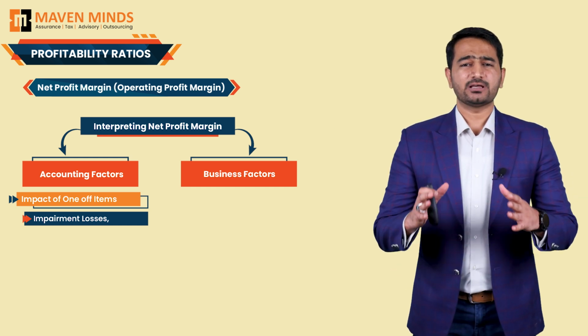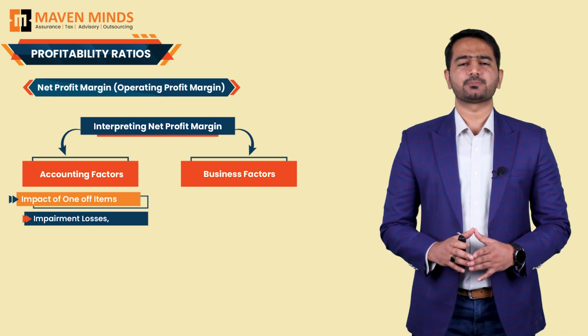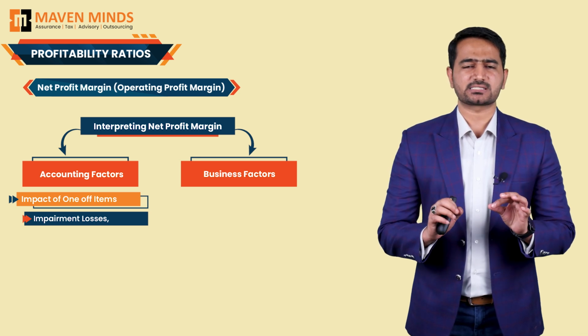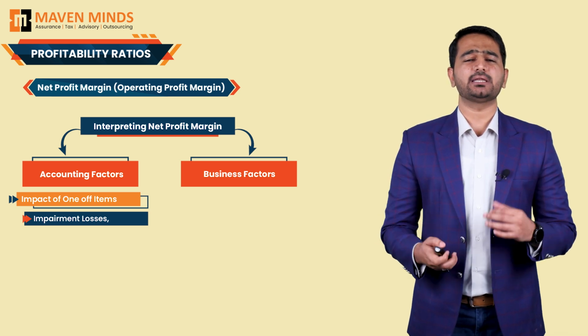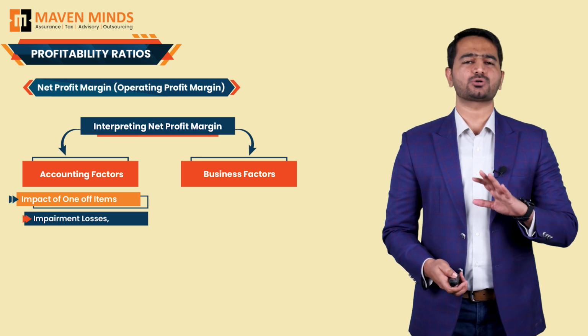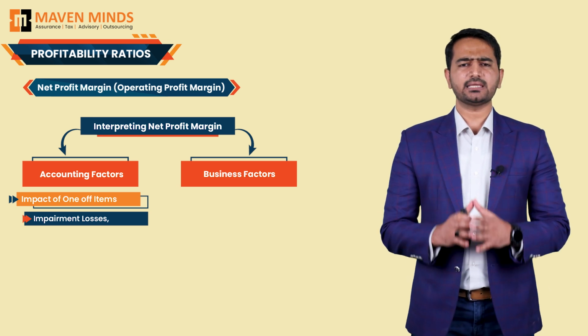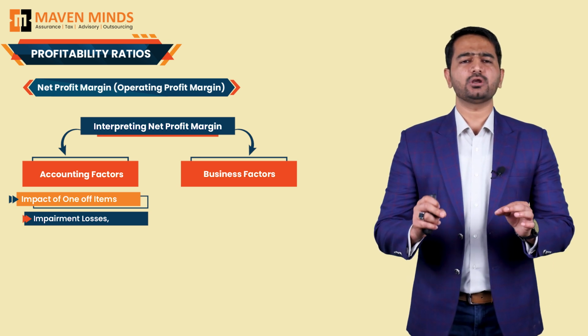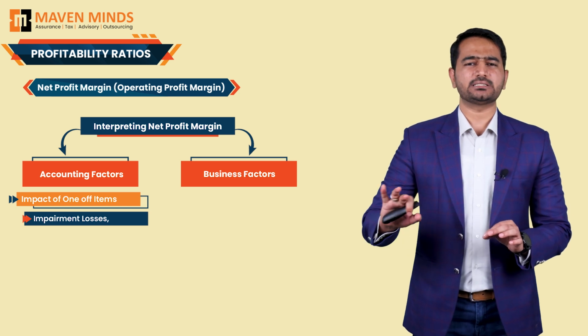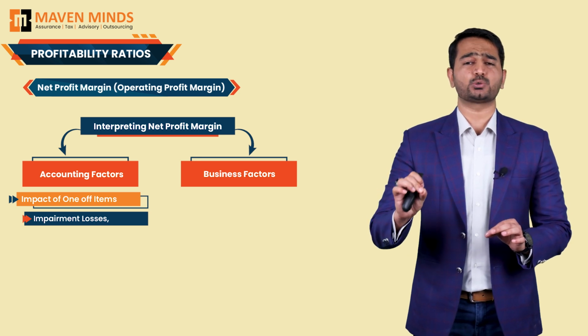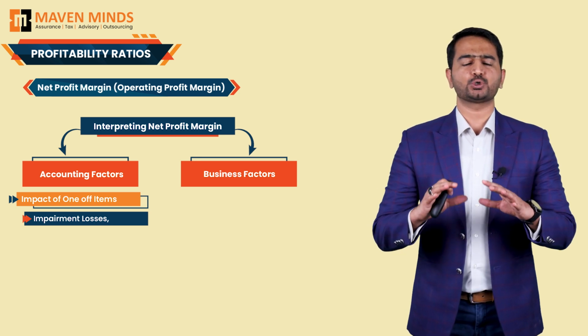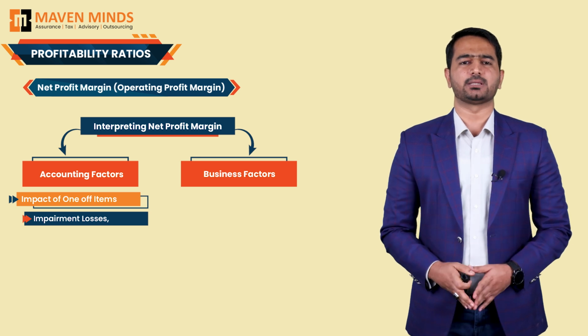Now, when such one-off events occur, it's important to assess whether they should be included in the net profit margin calculations or not. In many cases, it might be more informative to exclude these one-off costs to show the real underlying profitability.